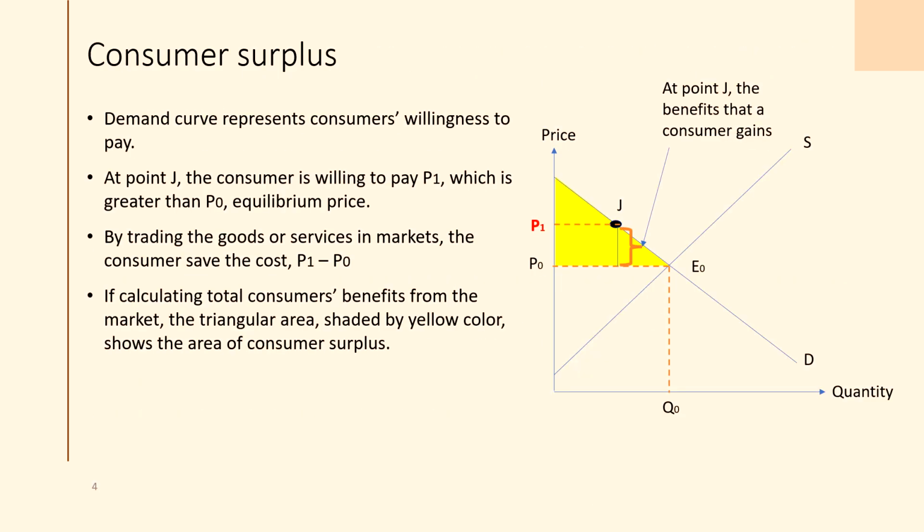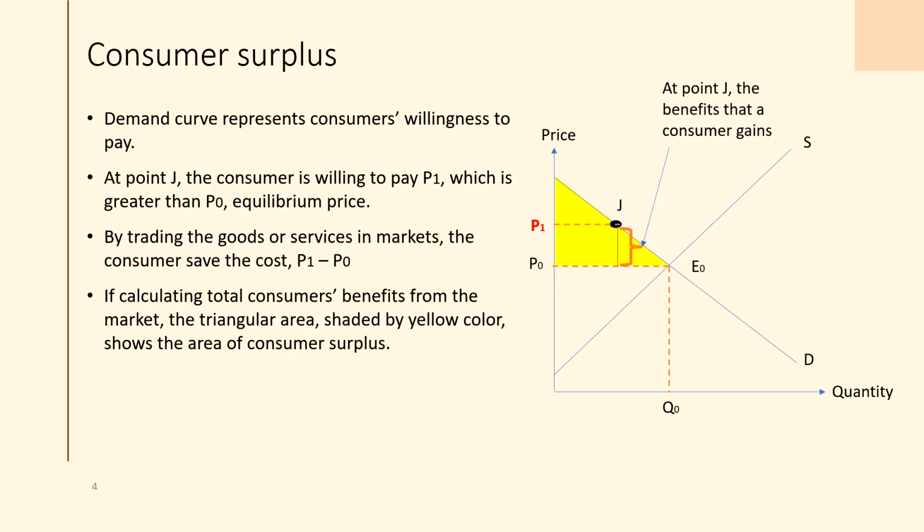Let's look at consumer surplus more closely. The demand curve represents consumers' willingness to pay. At point J, a consumer is willing to pay price P1, which is higher than the market price P0. However, in the market, they only pay P0, so they gain a benefit equal to P1 minus P0.